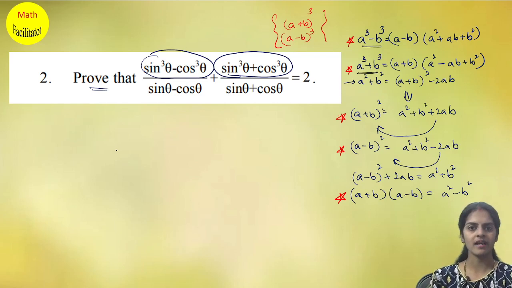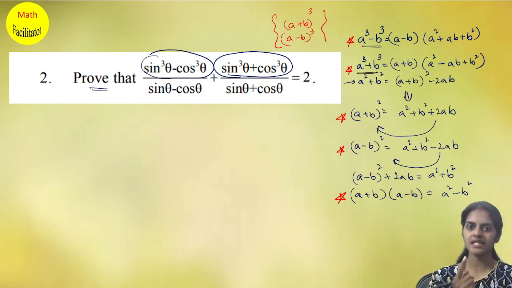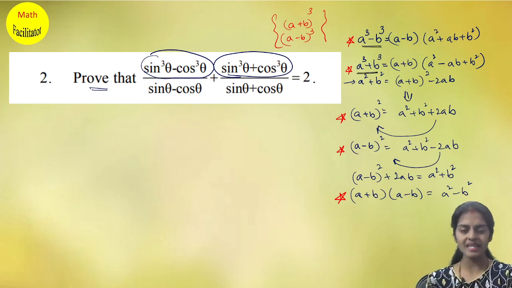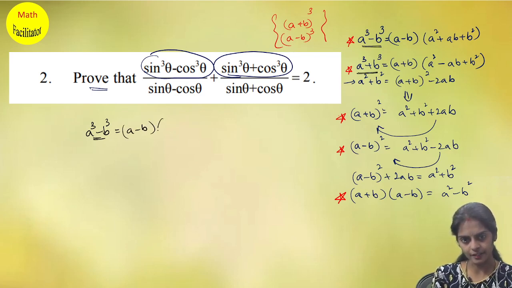Okay, so I know A minus B whole cube is A minus B into A square plus AB plus B square. And A cube plus B cube is A plus B. Okay, A cube minus B cube will be, here minus is there. So you will write A minus B into A square plus AB plus B square.